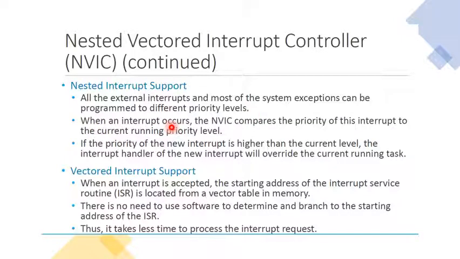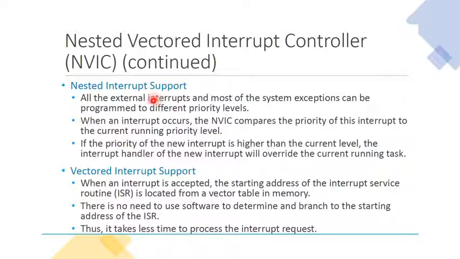When an interrupt occurs, the NVIC compares the priority of this interrupt to the currently running priority level. If the priority of the new interrupt is higher than the currently executing interrupt, it will stop the currently executing interrupt and allow the new interrupt to run. That is the meaning of nested interrupt support.